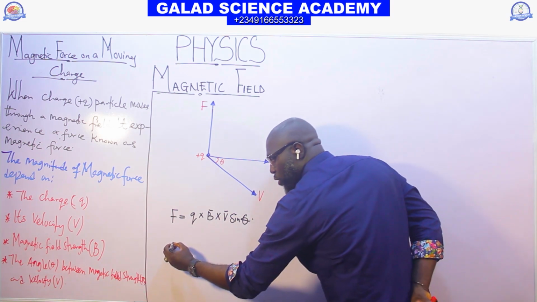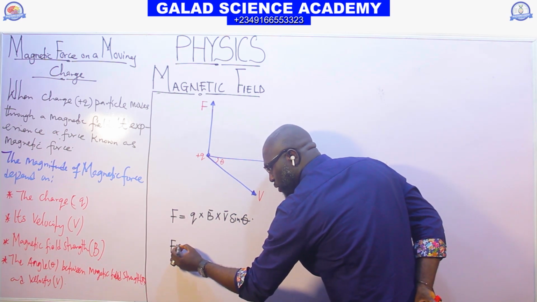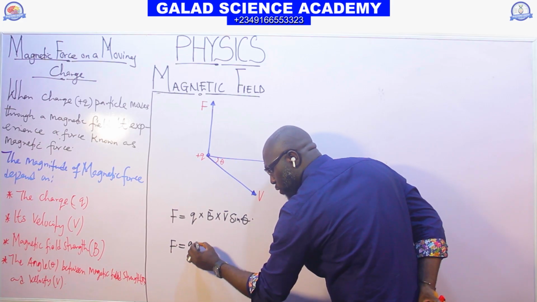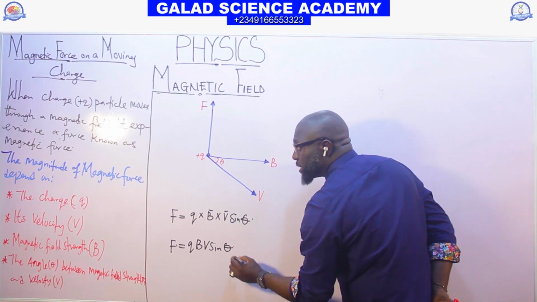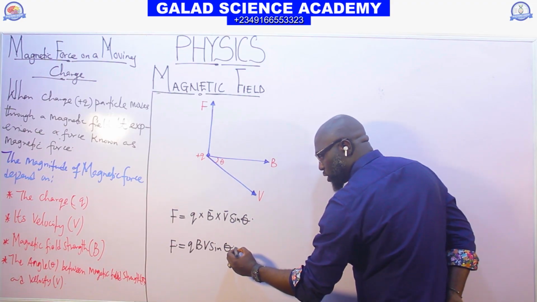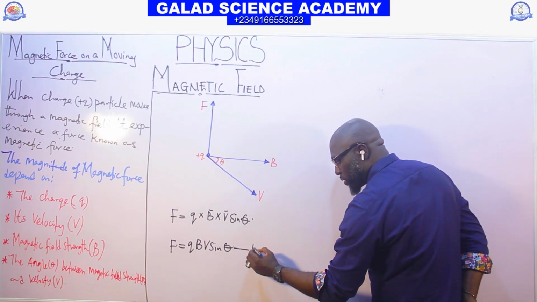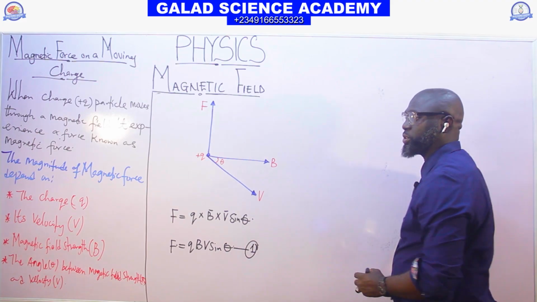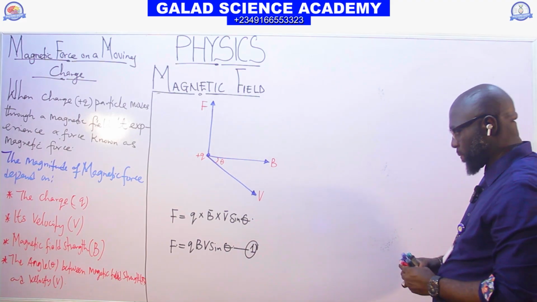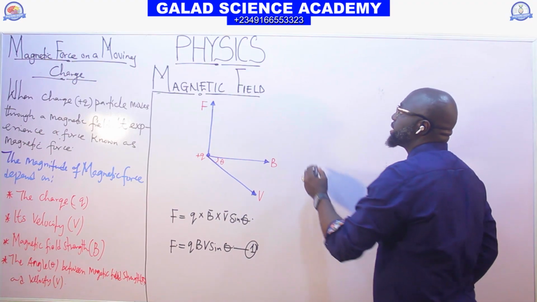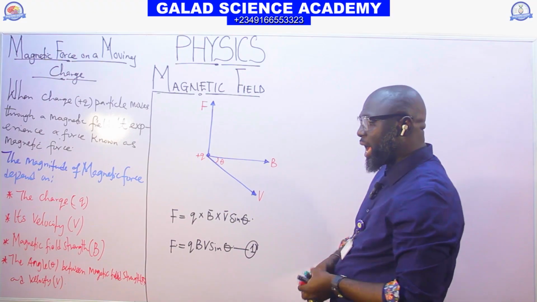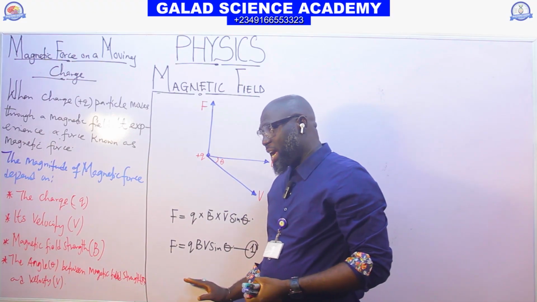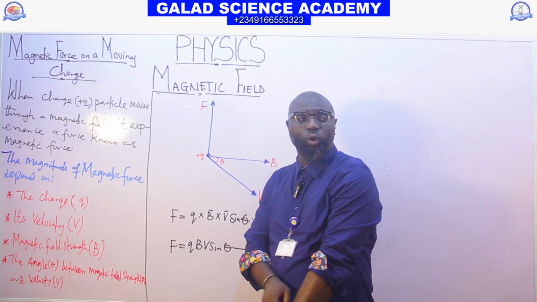F equals Q B V sine theta. You can call this Equation 1. And this equation can also exist in different forms.